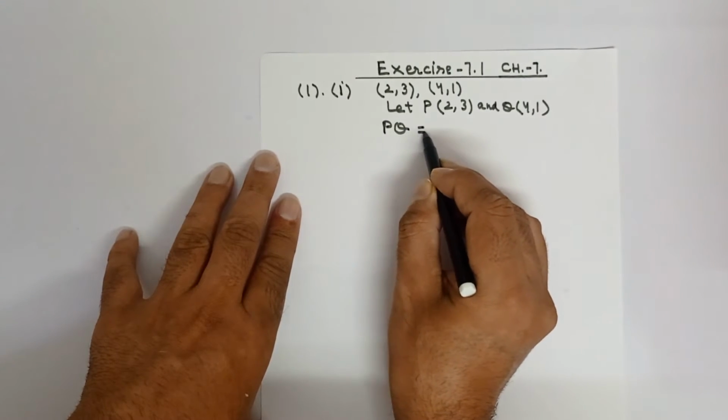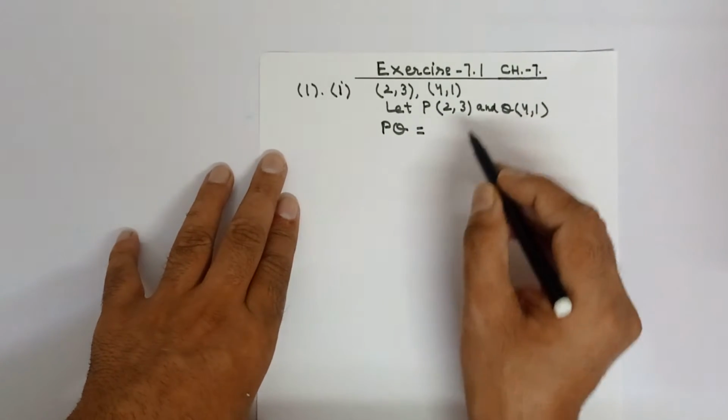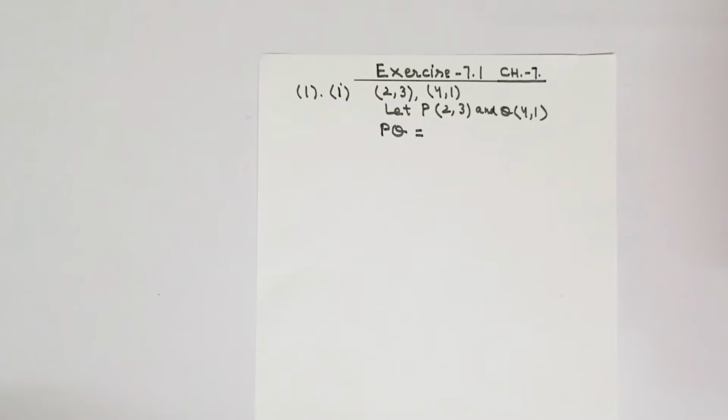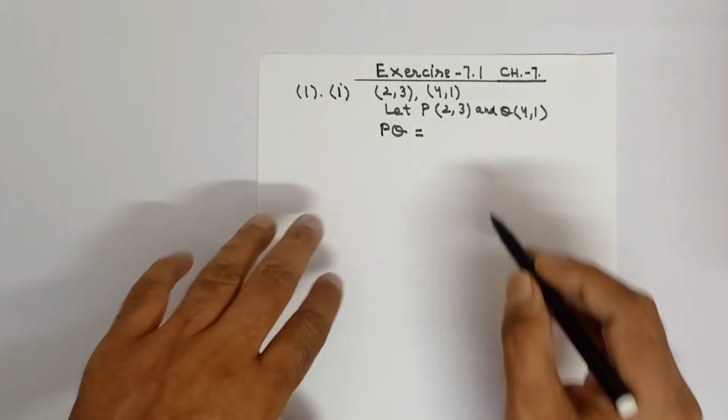You need to apply the distance formula. I have told you either you can do x2 minus x1 whole square plus y2 minus y1 whole square, or you may do x1 minus x2 whole square plus y1 minus y2 whole square.